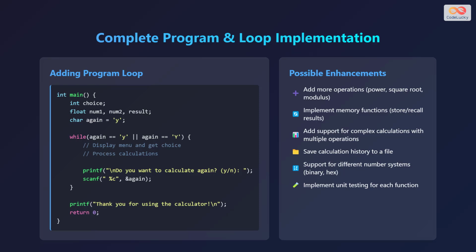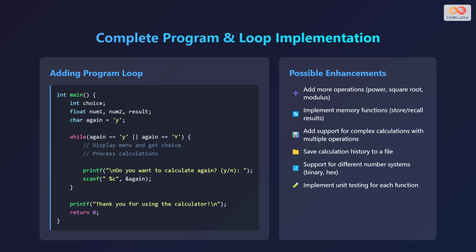A character variable named again is initialized to y to control the program loop. The program is wrapped in a while loop that continues as long as the again variable is equal to y or Y. The program prompts the user whether they want to perform another calculation. The user's response is read using the scanf function and stored in the again variable. After the loop finishes, a thank you message is displayed.